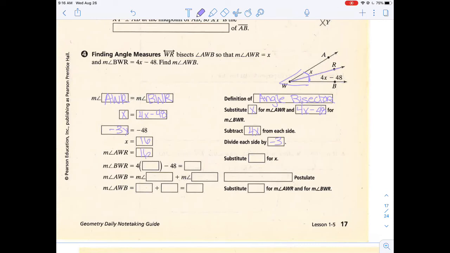So AWR equals 16. Then plug in 16 for x over here. 4 times 16 minus 48 is also 16, which makes sense, right? Because it's an angle bisector, so both angles should be the same. So we know that AWR plus BWR add up to the whole angle AWB because of angle addition, which we talked about the other day.